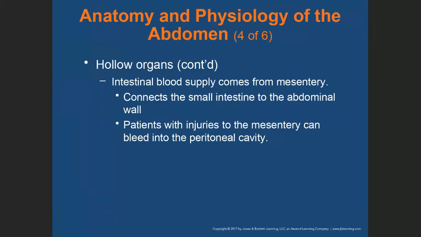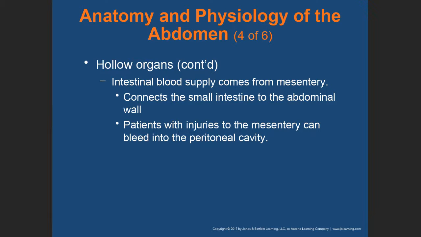The intestinal blood supply comes from the mesentery. It connects the small intestines to the abdominal wall. Patients with injuries to the mesentery can bleed into the peritoneal cavity. So there can be an issue with bleeding, and there can be an issue with irritation or inflammation, depending on the type of organ that is damaged.